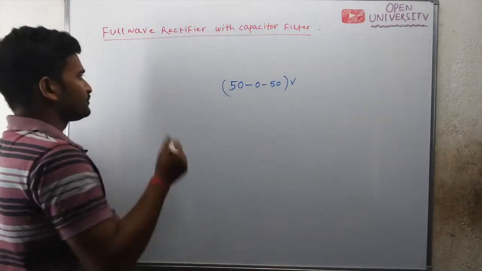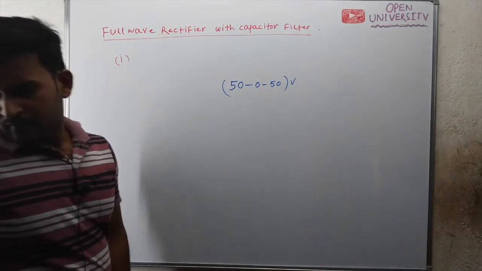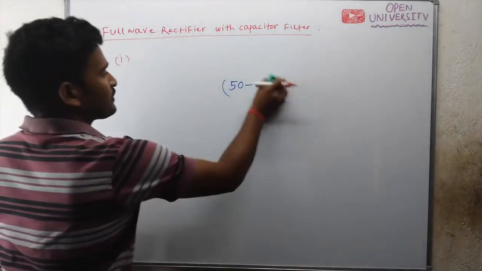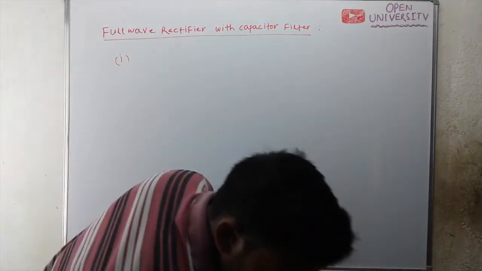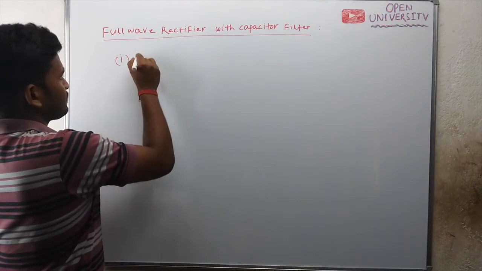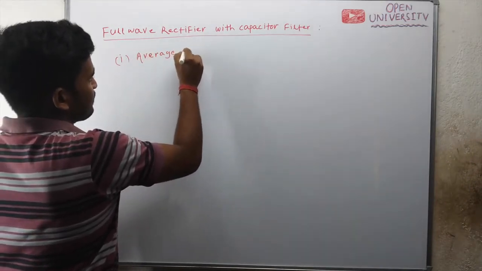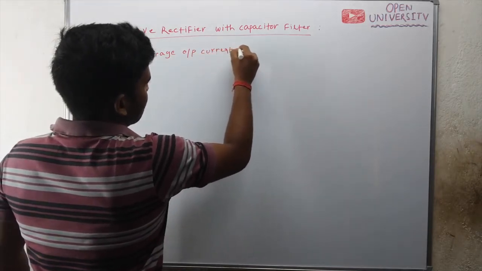First point, average output current and voltage.